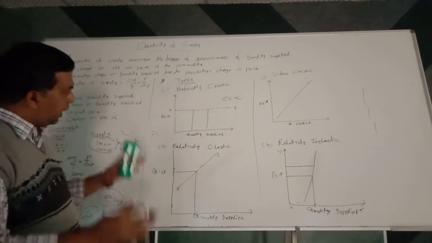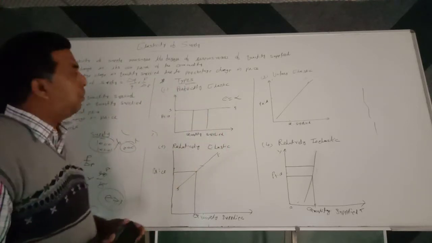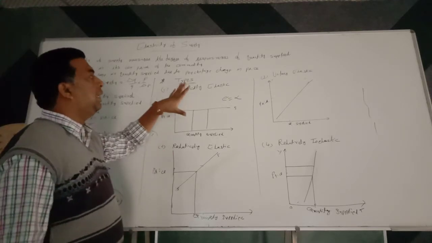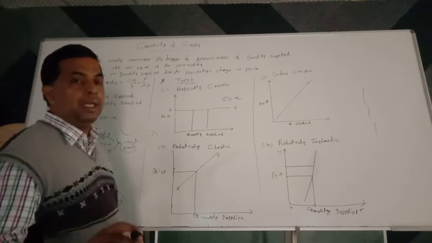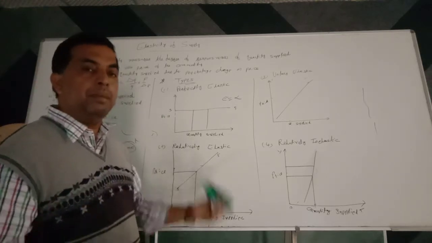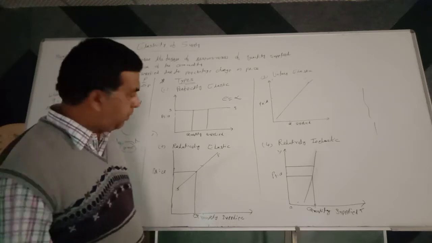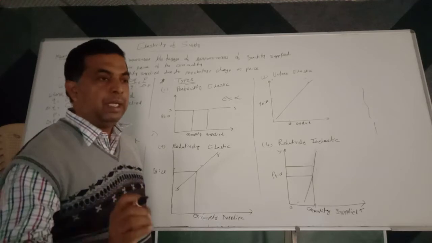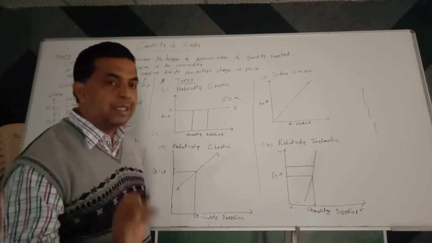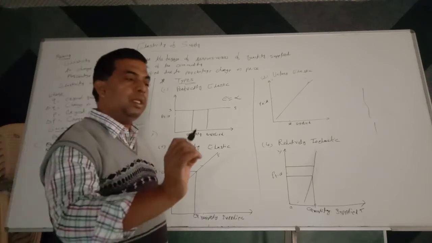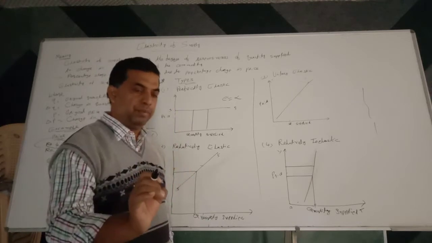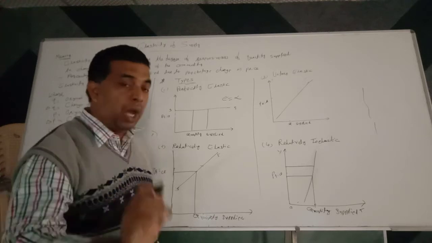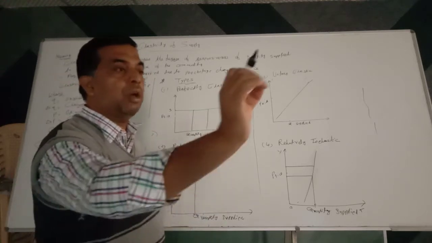As per your syllabus, we will discuss the types of price elasticity of supply. The first type is perfectly elastic supply. In demand also, the first type was perfectly elastic demand. Perfectly elastic supply implies that quantity supplied changes without any change in the price of the product.